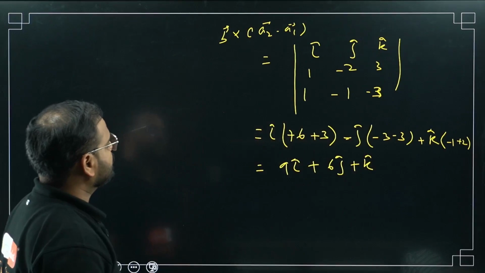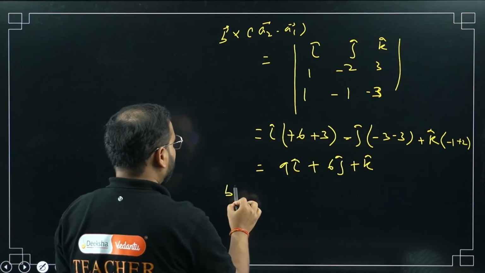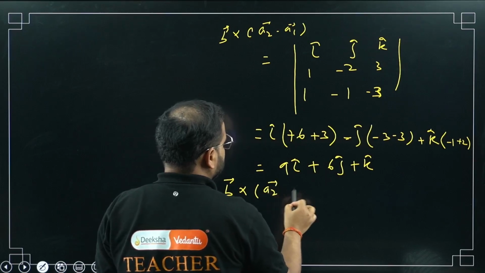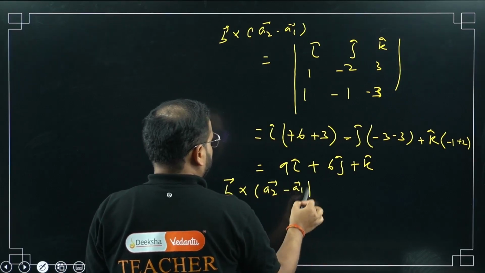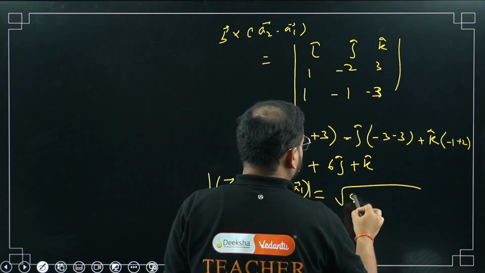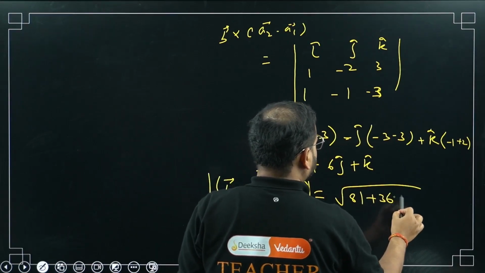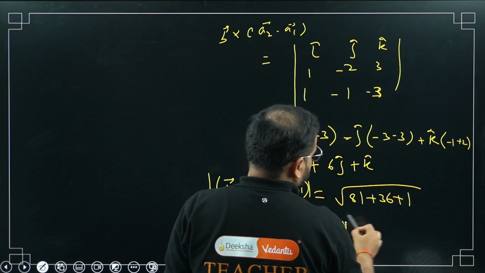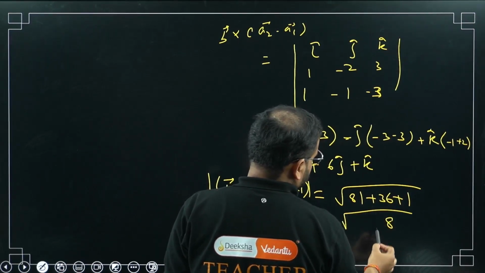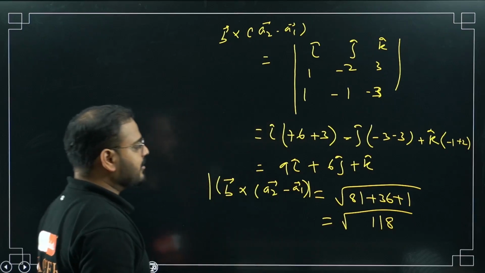So mod of this will be what? Mod of vector b cross a2 minus a1 vector will be what? Please check. 9 nines are 81, 6 squared is 36, plus 1. How much is that? 118, right?